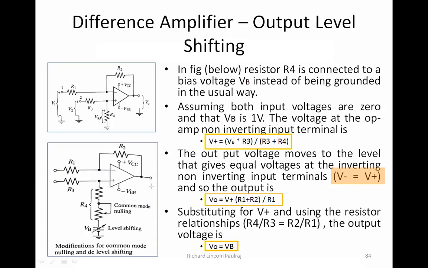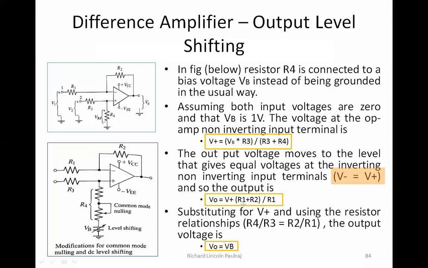So the output voltage is dependent on R1 and R2. The output moves to the level that gives equal voltages at the inverting and non-inverting terminals. We have seen this previously: this R1 and R2 combination impacts the ACL, the closed loop gain.